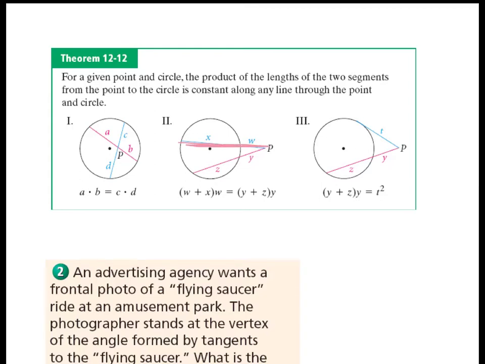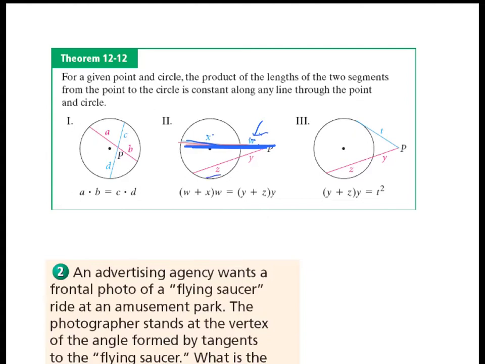Sometimes you won't, but you're going to want to take this entire line and then multiply it by the outside piece. So if they give you like 3 and 2, then you're going to add them together, 5 times the outside piece. They might give you x and 3. Then you would have to do 3 plus x times the 3, which was the outside piece. That situation.